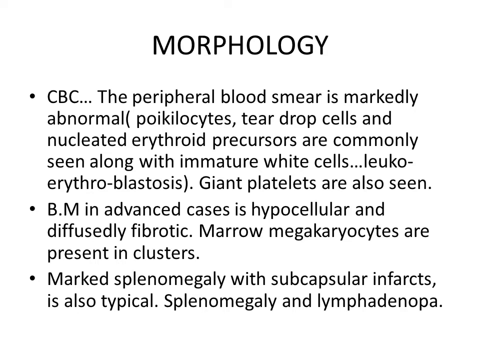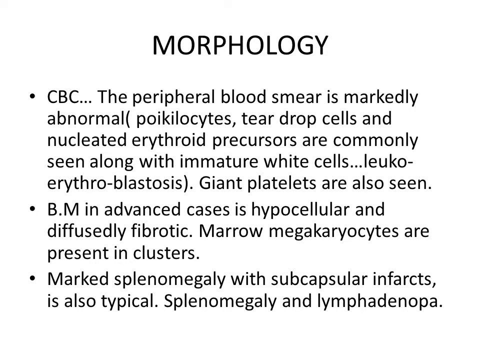When both these are present in the peripheral smear, we call this a leukoerythroblastic picture or leukoerythroblastosis. This means the barrier between blood and bone marrow is loose. Erythroid precursors as well as myeloid precursors are coming into the peripheral blood.